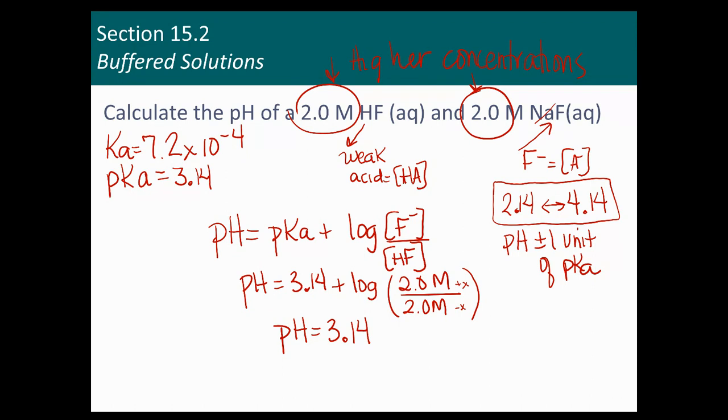So these numbers are better when they're higher. If they're tiny, they're not going to be as useful for buffering capacity, but I believe that's 15.3, so I'll talk about that for the next section.